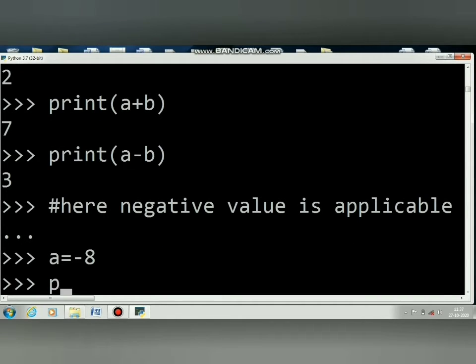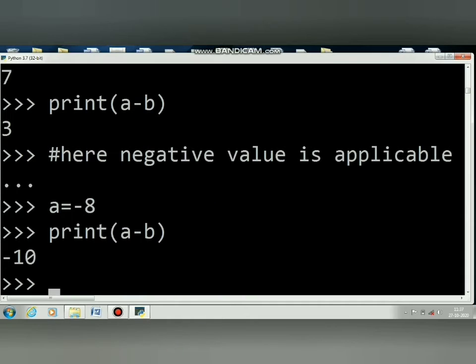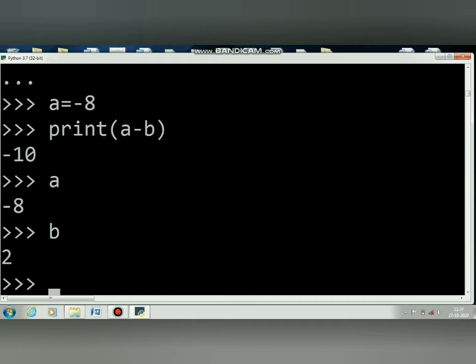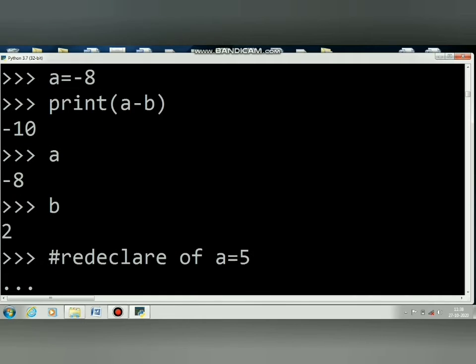Okay, so again I redeclare the variable: A is equal to minus 8, B is equal to 2. So print A minus B, that is minus 8 minus 2, so the answer is minus 10.